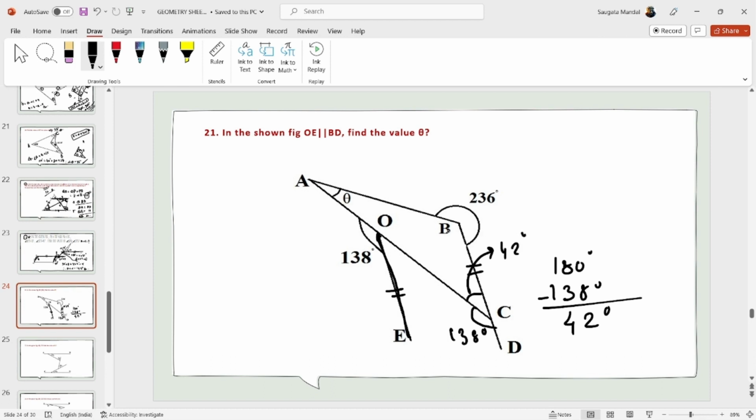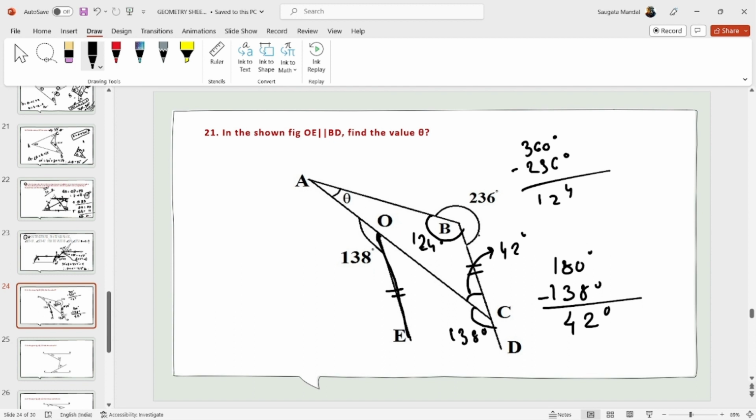What is the value of this angle? This is 42 degrees. And what is the value of this angle? 360 degrees minus 236 degrees, 124 degrees.